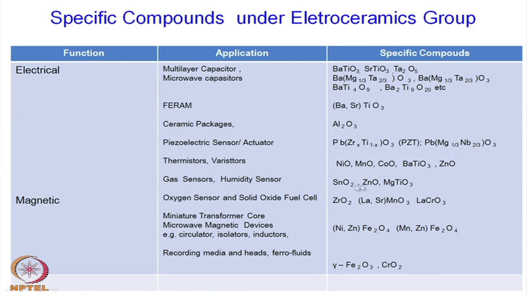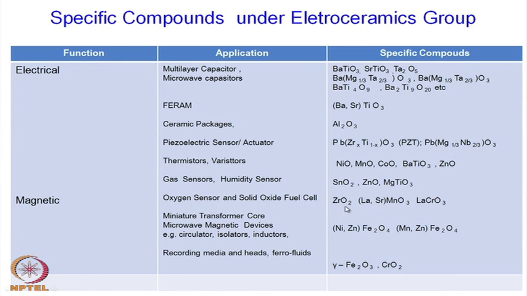And then humidity sensors. Humidity can be measured by porous ceramics like magnesium titanate or aluminum oxide, and there you measure the variation of capacitance as a function of relative humidity of the environment.